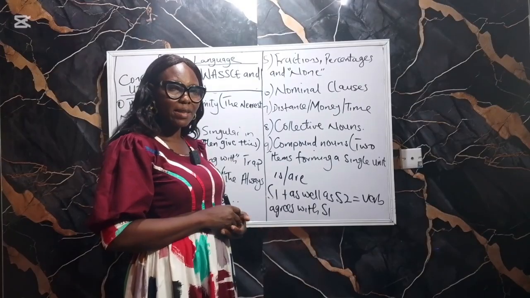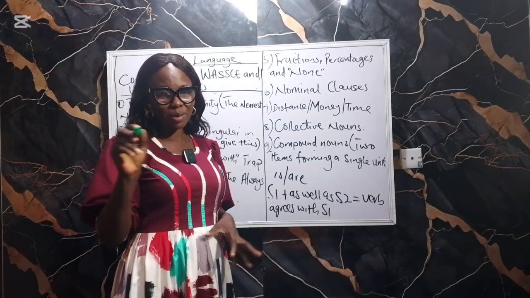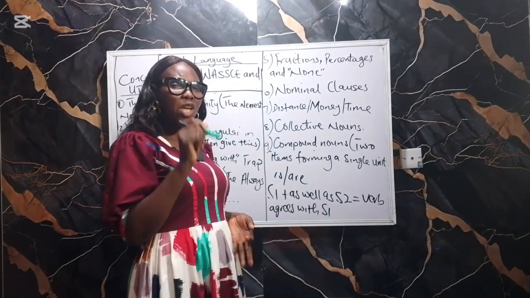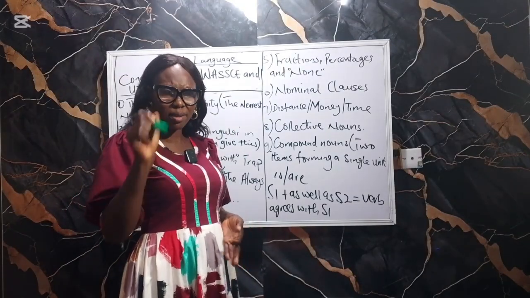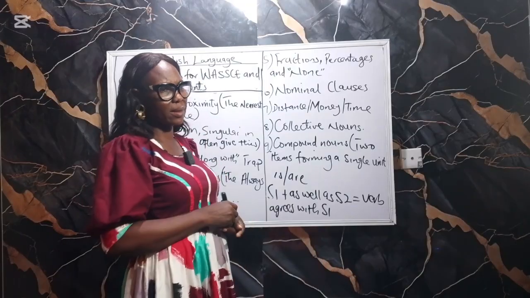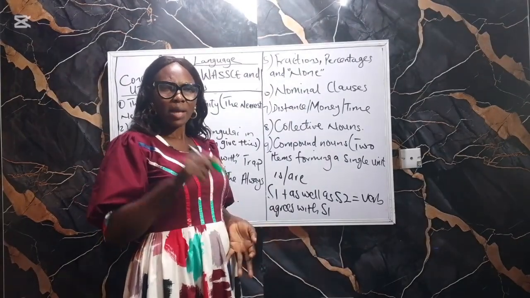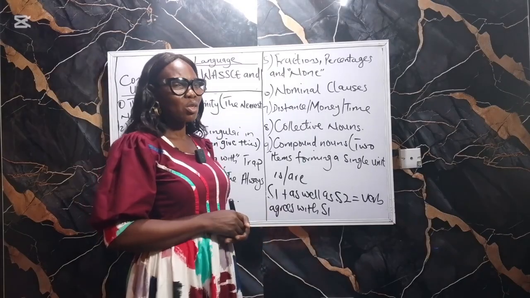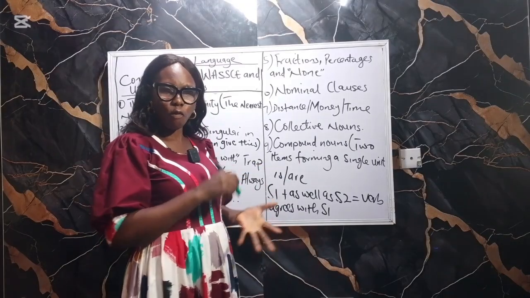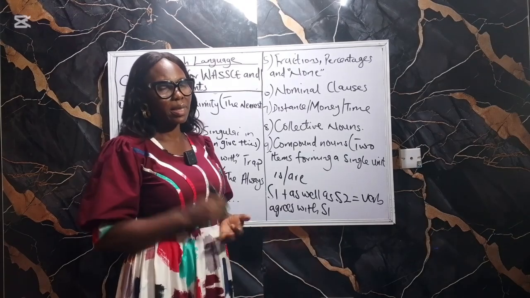For example, if I say 2/3, let me use uncountable nouns now. 2/3 of the water is polluted. I use water after of, so I can't say water are. So 2/3 of the water is polluted.